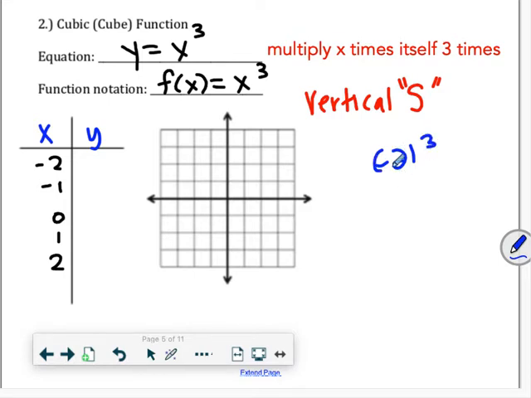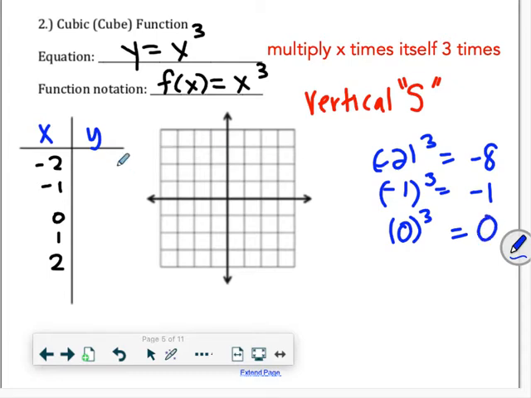Negative 2 times negative 2 is 4 times negative 2 is negative 8. Negative 1 to the 3rd power is negative 1 times negative 1, which is 1, times another negative 1 is negative 1. 0 to the 3rd, 0 times 0 times 0 is 0. So we get negative 8, negative 1, 0. 1 times 1 times 1 is 1.